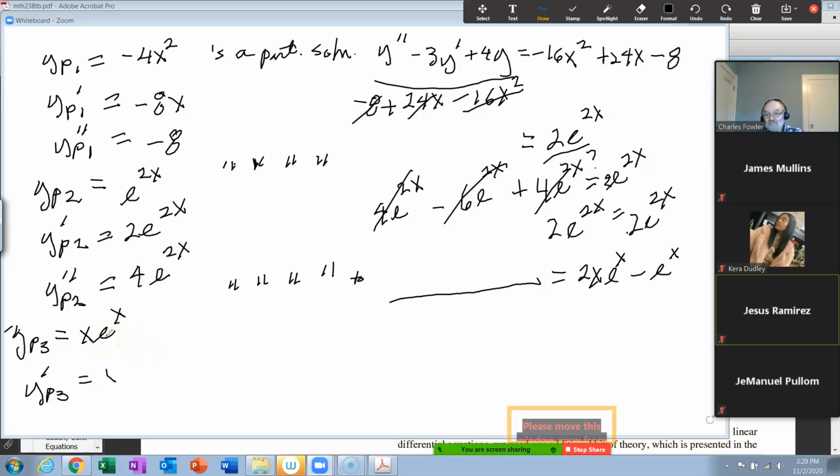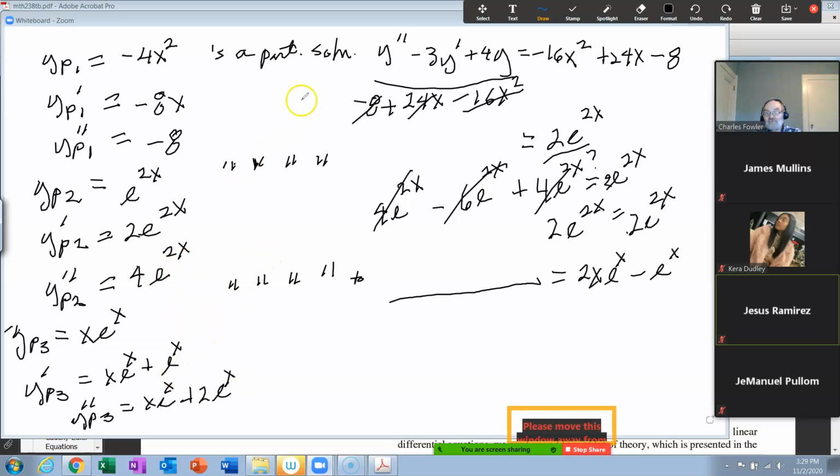That'd be x first times the derivative of the second, e to the x, plus the second, e to the x, times the derivative of the first, which is 1. And then y sub p sub 3 double prime is going to be x e to the x plus e to the x plus e to the x. That's going to be 2 e to the x.